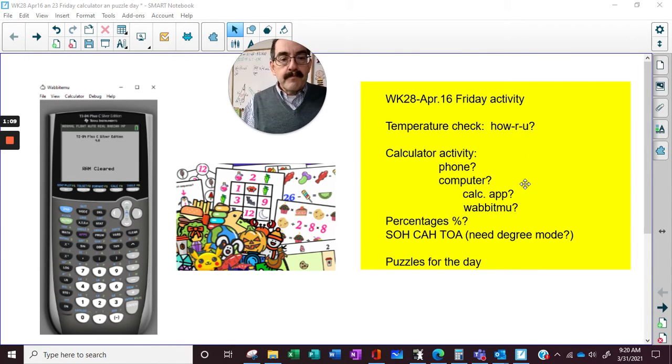Now, calculator activity. We're going to do a couple puzzles today, but before we do that, I think it's time we do a calculator activity. Some of you have a phone. Take your phone out, find your calculator, and we need to go both directions. Got a regular calculator and then the scientific calculator. The computer.